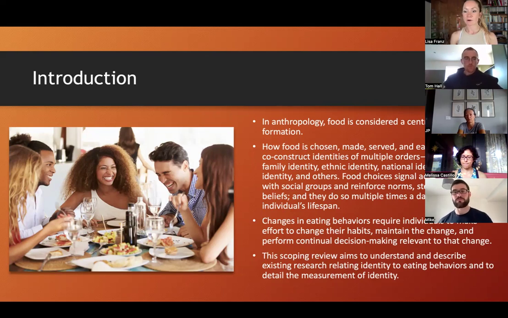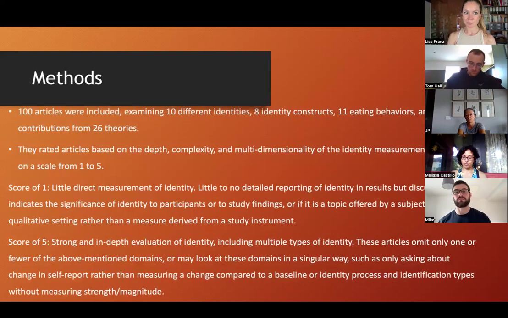Changes in eating behavior require individuals to make efforts to change their habits, maintain the change, and perform continual decision-making relevant to that change. This scoping review aims to understand and describe existing research relating identity to eating behaviors and to detail the measurement of identity.